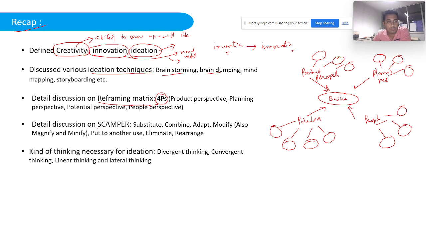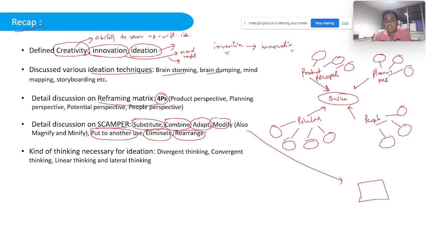Then we discussed SCAMPER, which is a technique where you use a base concept, a base model. It can be something already available, or a basic concept that you have come up with, and then you use these keywords: substitute, combine, adapt, modify, put to another use, eliminate, and rearrange.